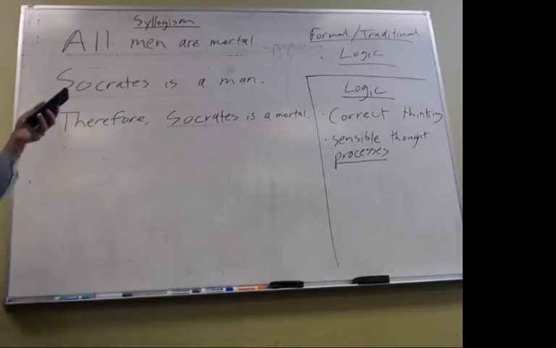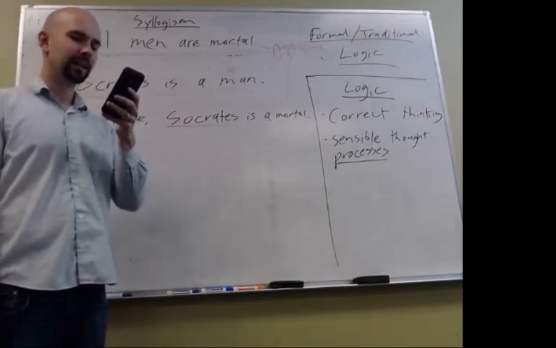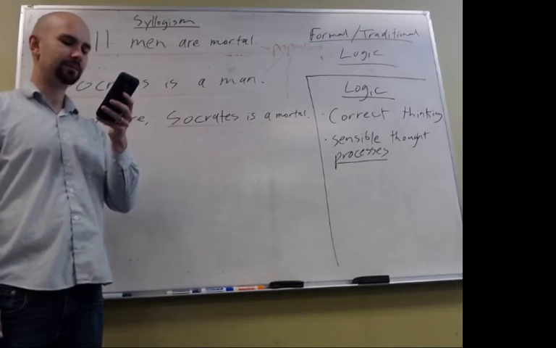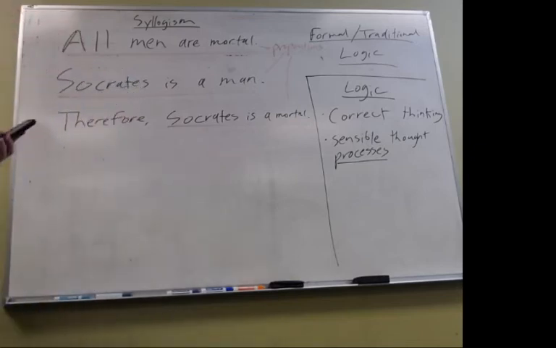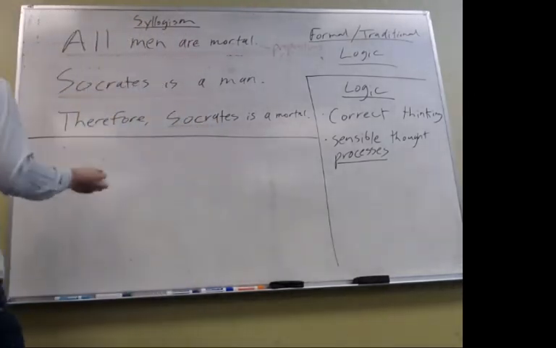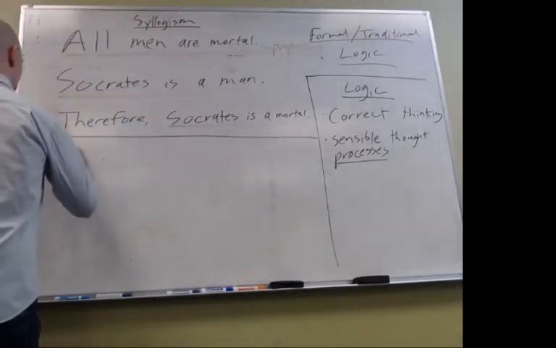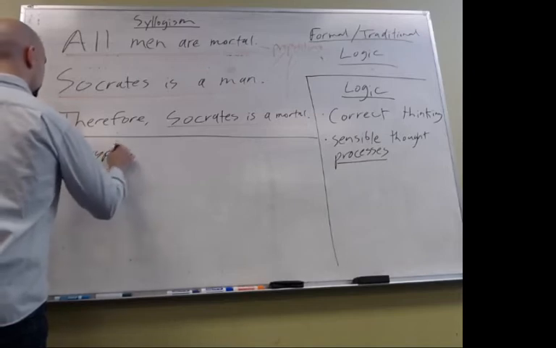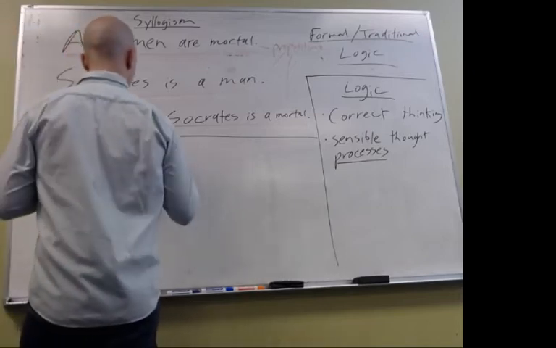But just to hit on some of the drier stuff at the beginning, they talk about different types of logic. Each of these is like its own branch of logic.